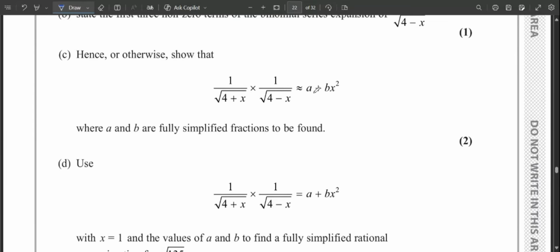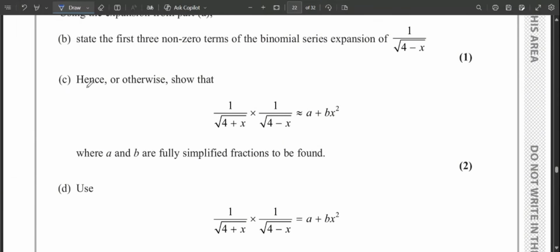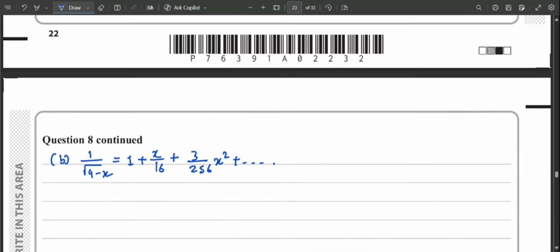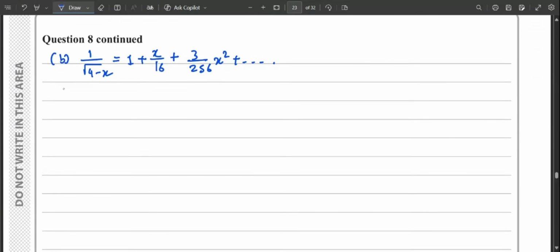So we can write that 1 divided by root over 4 plus x into 1 divided by root over 4 minus x will be equal to the expansion of our first expression into the expansion of our second expression. Multiplying these two expansions will give us the value for a plus bx square.